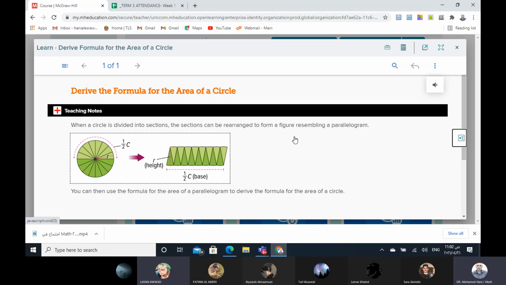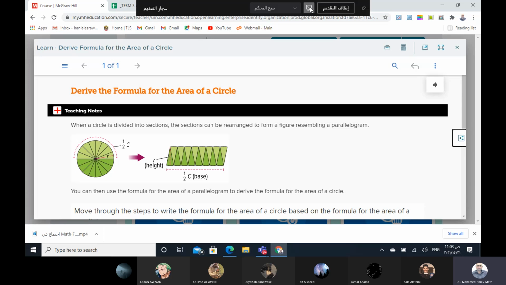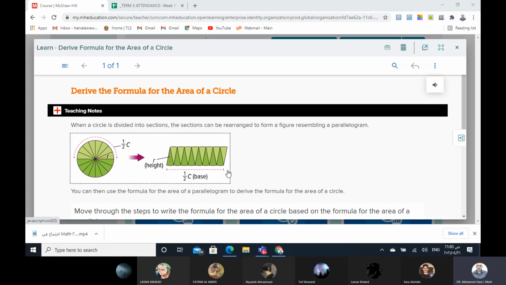Could it be radius times circumference? Right, listen here. Here you have the parallelogram. The base and the top here make the circumference of the circle. Means the base equals half of the circumference.